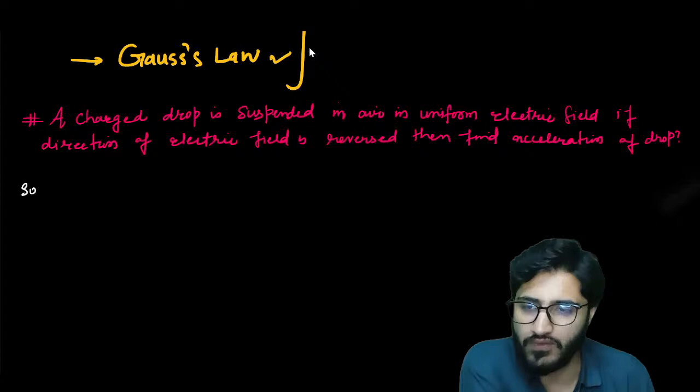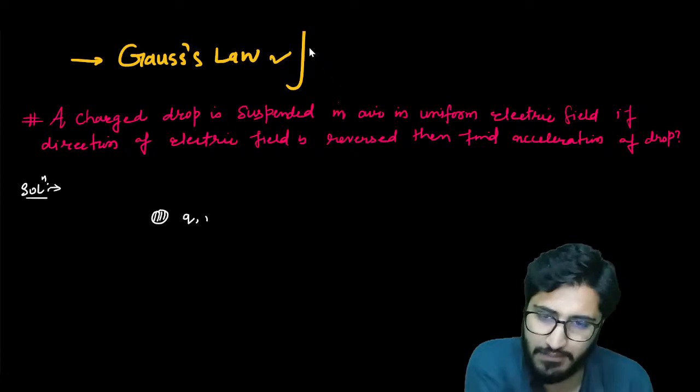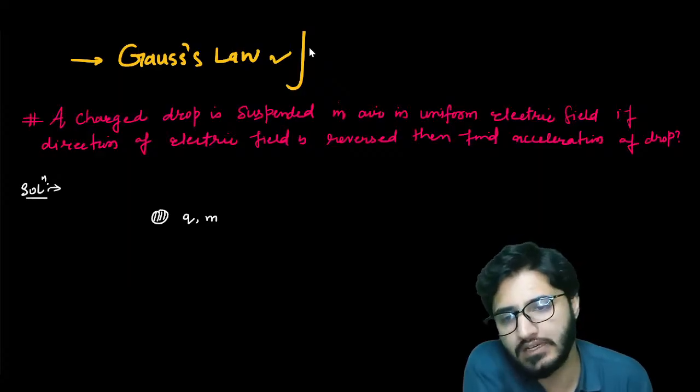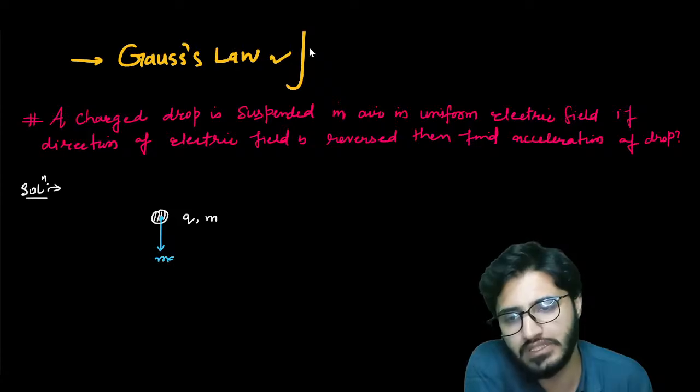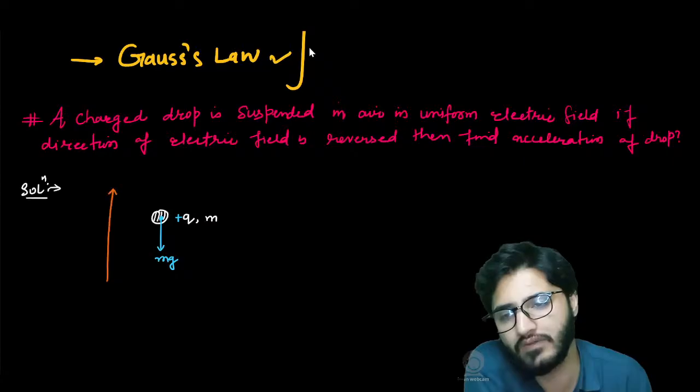So let us solve the numerical. We have a charged particle with some charge q and some mass m. We know that gravity will act downwards, so I will write mg, which is weight, acting downwards. Let us suppose it is positive, so I place an electric field in this way.